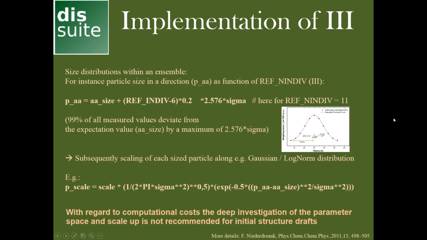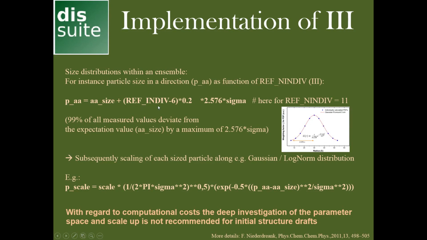Then there is, of course, the implementation of polydispersity. I'll just show you one way how to insert this kind of Gaussian function into your modeling approach. What I've done here is I've calculated the size in each of the repetitions. So I have 11 repetitions essentially here, so I calculate 11 particles along this Gaussian function. This one is the first particle, this one is the last particle. For the first particle, the size dependency in this function looks like this. The particle size is the average size, and it adds here ref indiv.